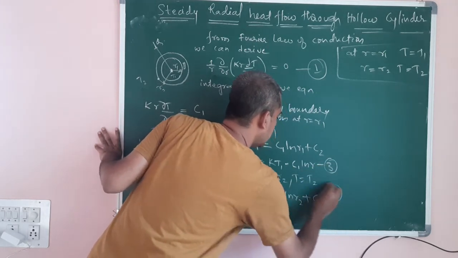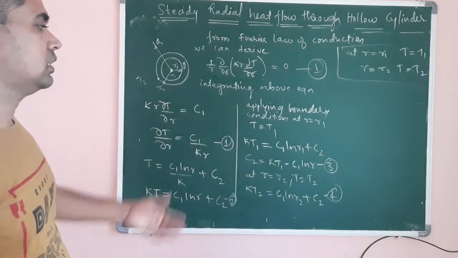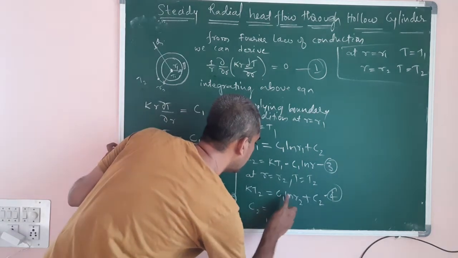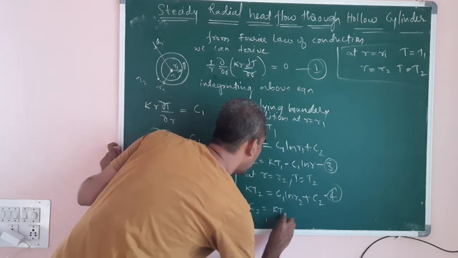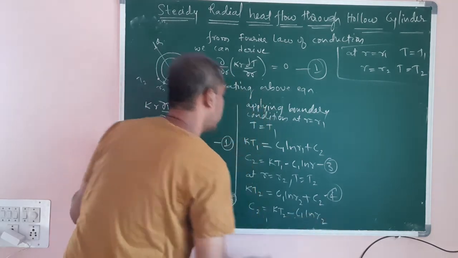We will calculate C2 from equation 4 and substitute in 3. C2 from equation 4 will be kT2 minus C1 ln of R2.